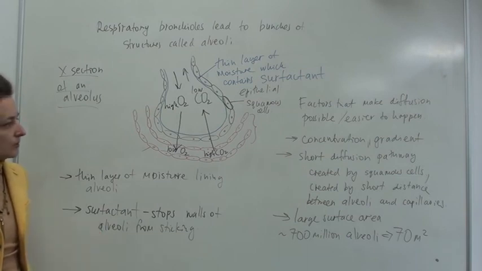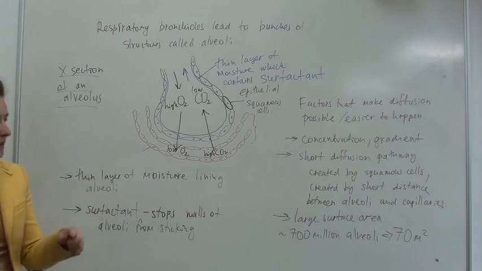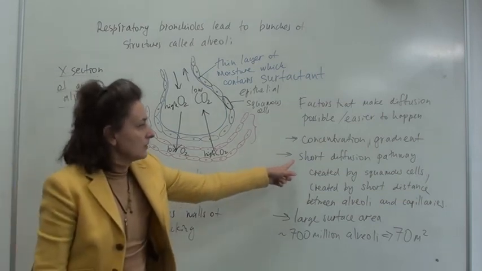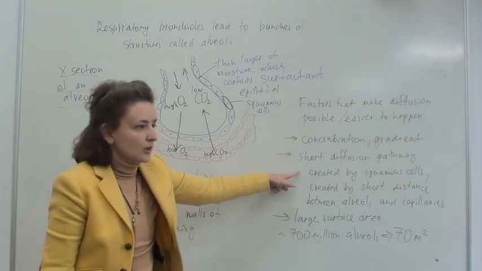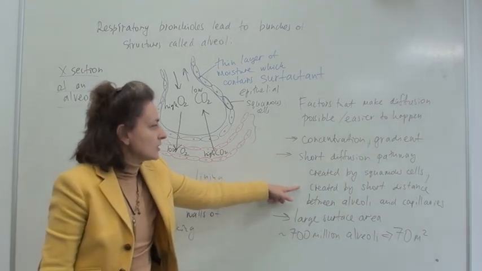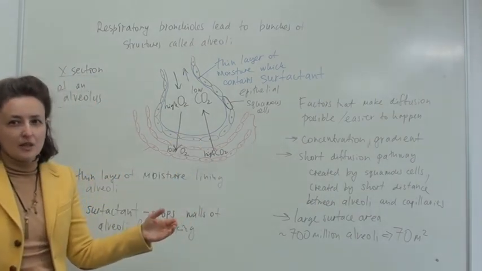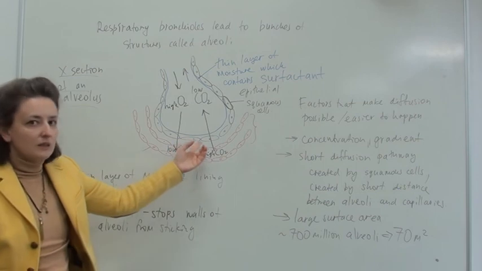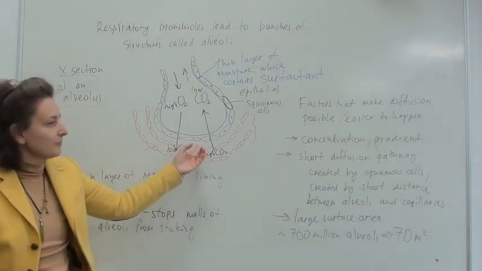So surfactant is really important. Now, one thing which I missed out, and I just realized I missed it, is that there is another thing which is helping with the short diffusion pathway. I did mention squamous cells. I mentioned the short distance, but one thing which I didn't explicitly say is that we have a single layer of cells, right? And nobody noticed that and stopped me.